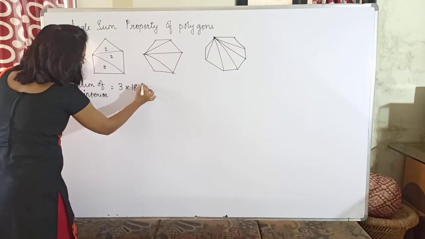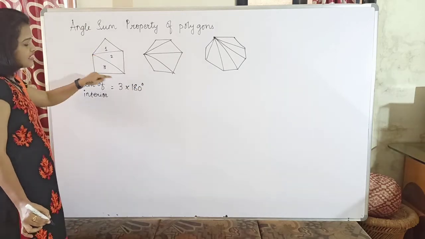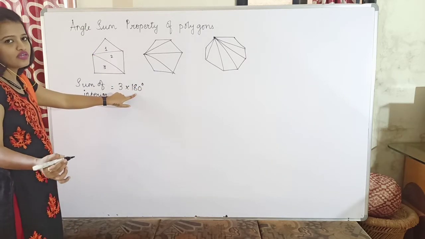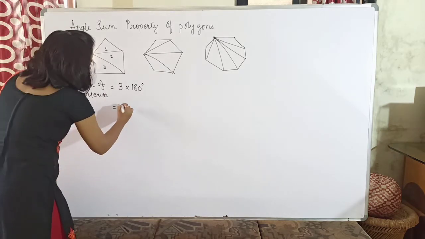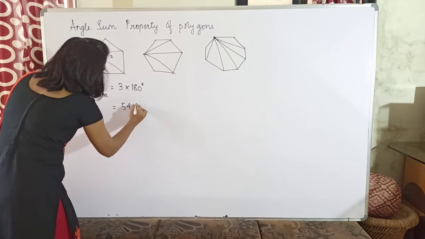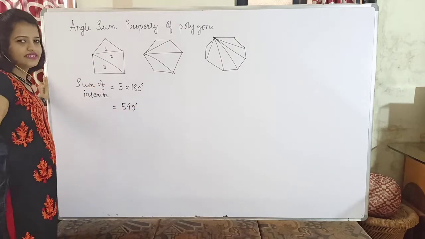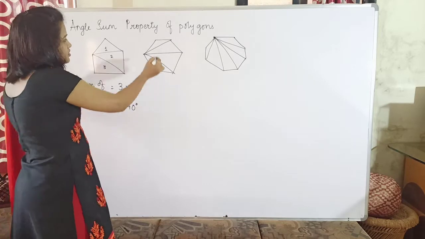Now why did I multiply it with 3? Because I have got 3 triangles. And why 180? Because I know the sum of the interior angles of a triangle is 180. So what is the answer then? 540.